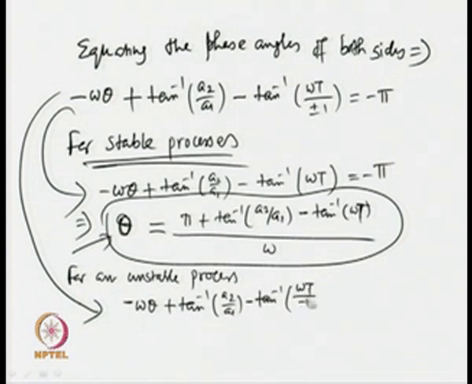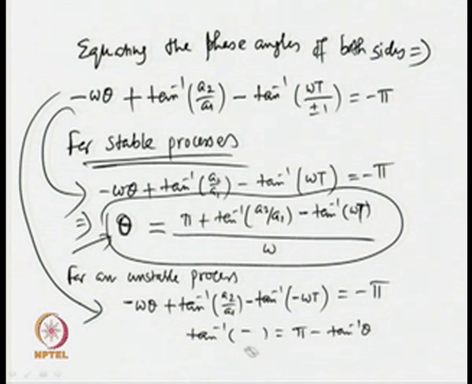So, I will remove this minus 1, rather write here the angle as minus omega t is equal to minus pi. Then we know that tan inverse of minus x is equal to pi minus tan inverse x. Use that one. Do not write theta, theta will confuse.